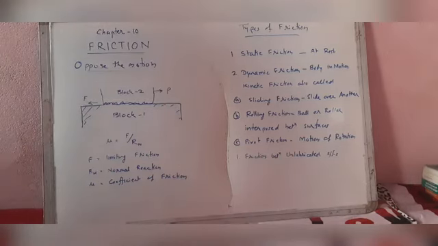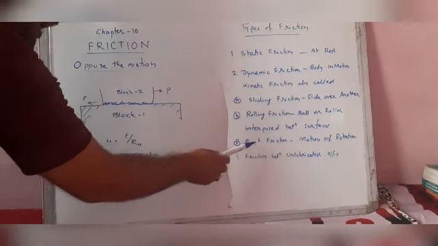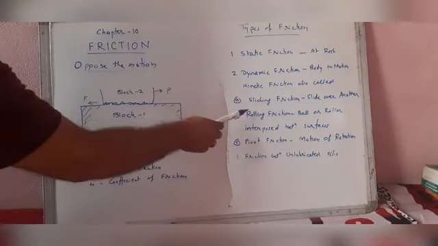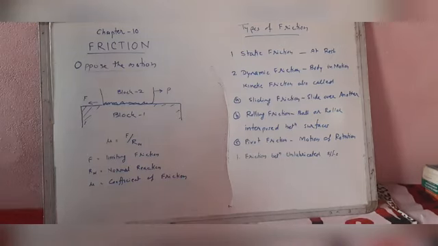Kinetic friction is of three types: sliding friction, rolling friction, and pivot friction. Sliding friction is the friction experienced by a body when it slides over another body. Rolling friction is the friction experienced between surfaces which have a ball or roller interposed between them, like in bearings.